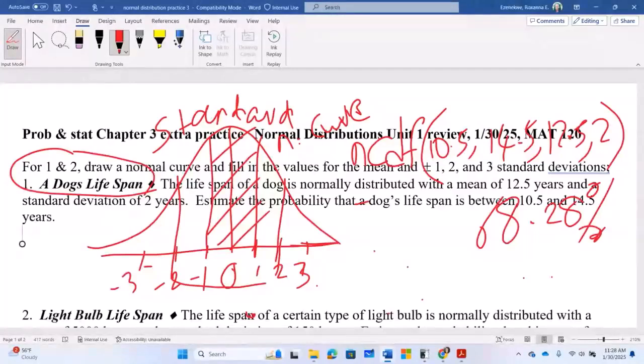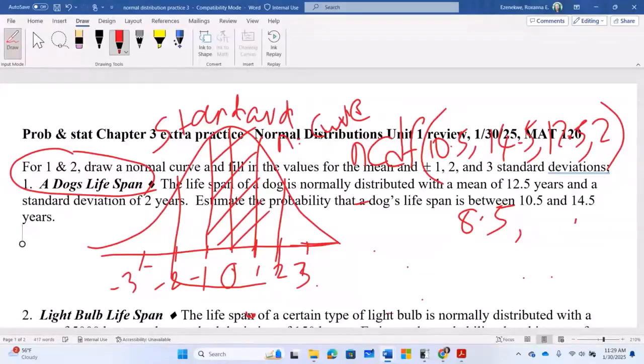What if I'm told to calculate the area under the normal curve within plus or minus 2 standard deviations? I know that plus or minus 2 standard deviations is going to be 8.5 on the left-hand side, a dog that is 8.5 years.